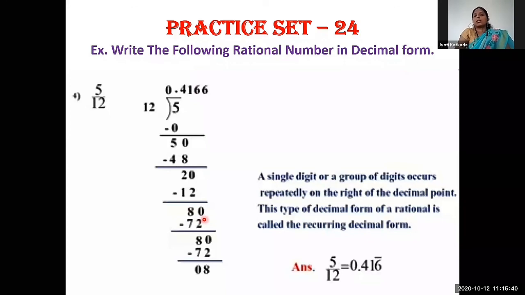Now 80 is not in the table of 12. Again find the nearest smaller value, that is 72. 12 6s are 72. Subtracting 72 from 80, we get 8, which means 80 is repeating again. In the previous step it was also 80 minus 72, and after that also 80 minus 72.